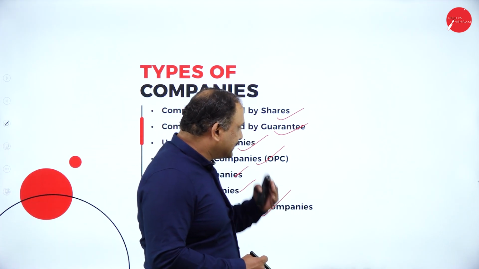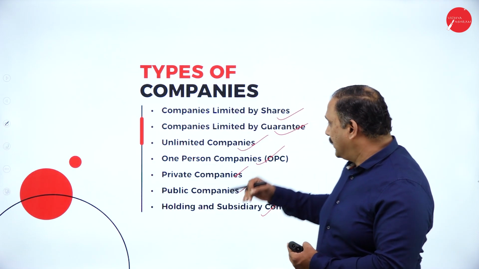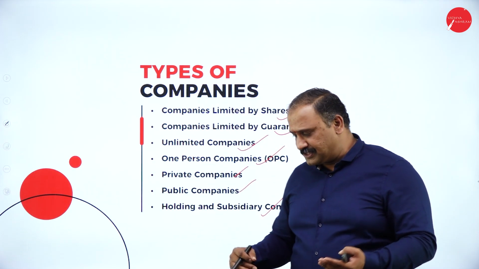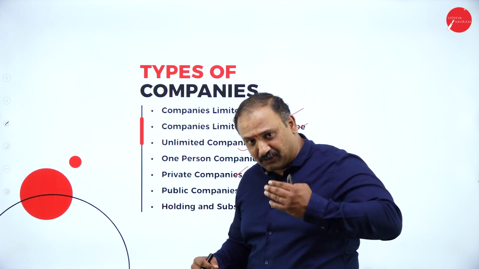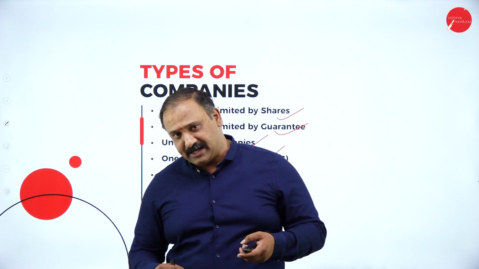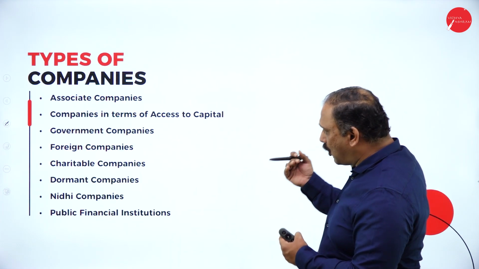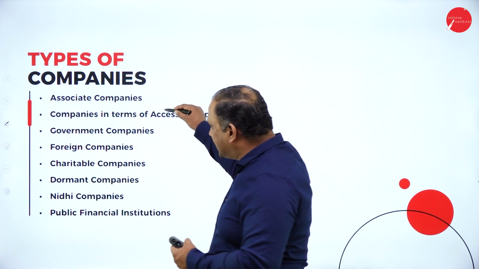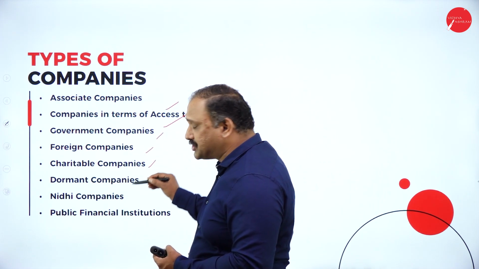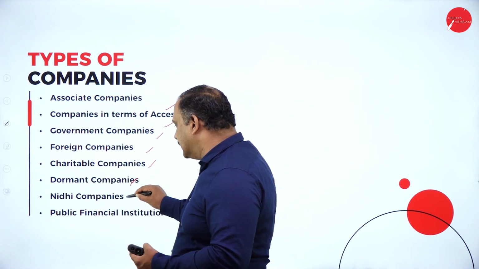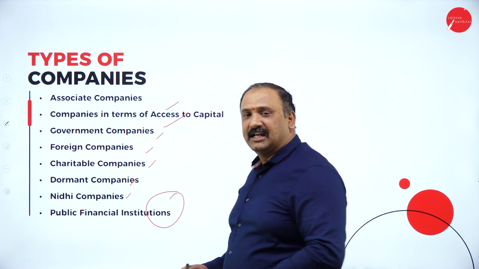So when I say it's limited by share, or limited by guarantee, or unlimited, or one person, or public or private companies, there is a distinctive meaning in terms of understanding their operations. Now, the types of companies will also include associate companies, access to capital, government, foreign companies, charitable, dormant companies, Nidhi companies, which we are coming across, and public financial institutions.